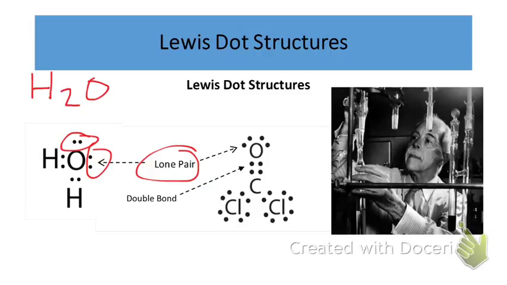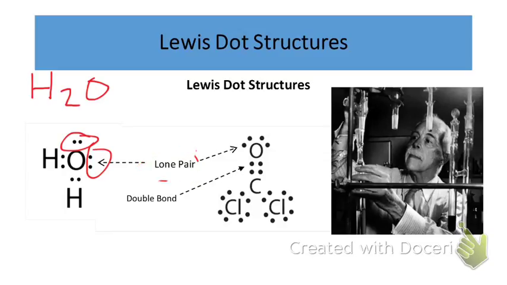Lone pairs of electrons are electrons that are paired up, but they are not bonded to any atom, or they're not forming a covalent bond between two atoms. They are valence electrons, though, and so they are important to include in your Lewis dot structure, as you'll see in a moment. So lone pairs are often called non-bonding electrons, because obviously they're not forming a bond.